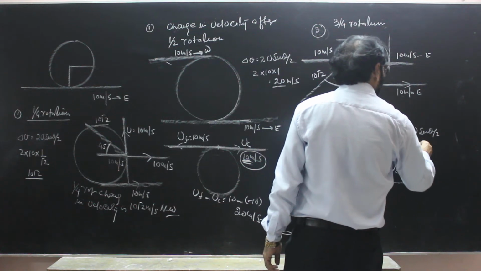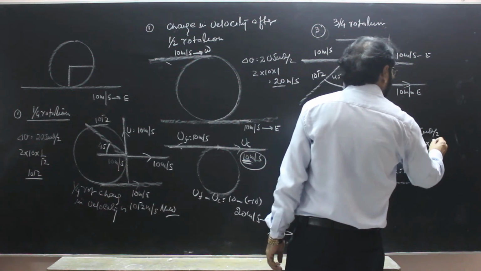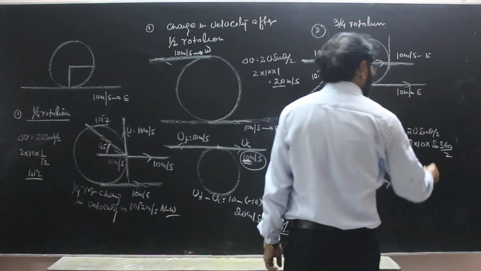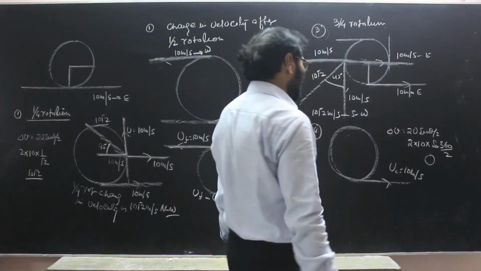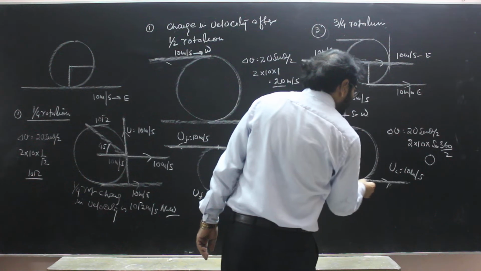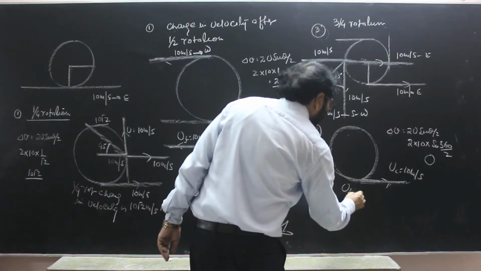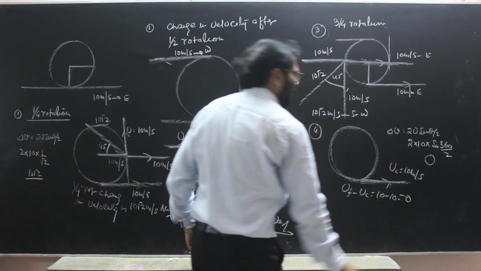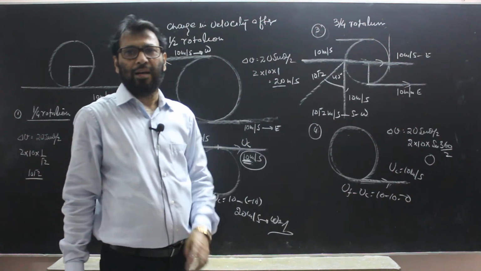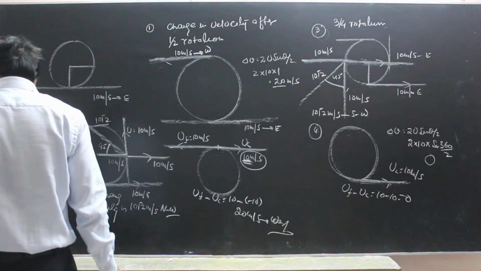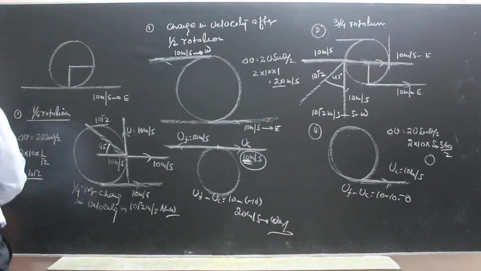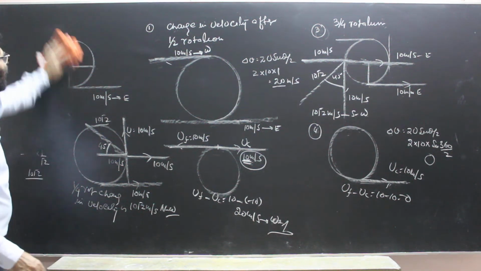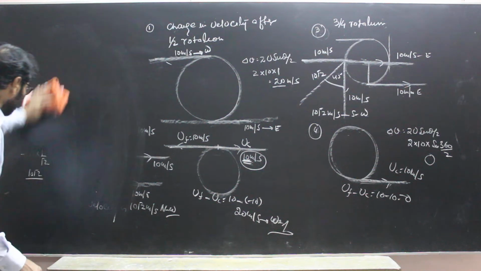So 10 sine 360 by 2, sine 180 is 0, so the change in velocity is 0. This is the initial and this is the final. So final minus initial is 10 minus 10, that is 0. So we can easily calculate the change in velocity if the initial and final velocity have been given.